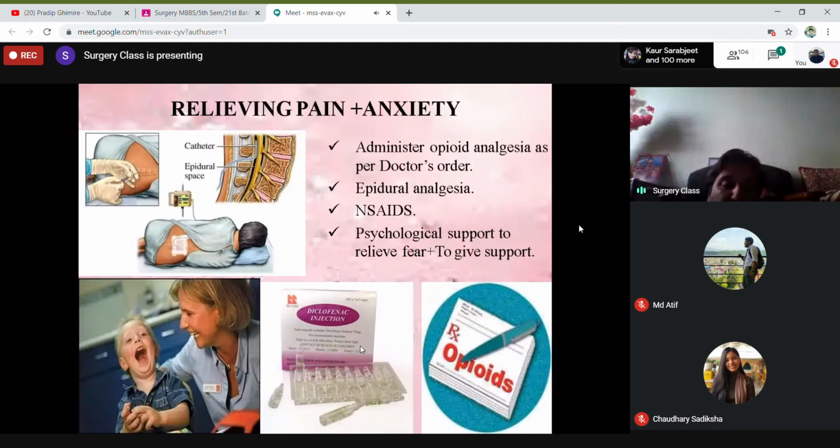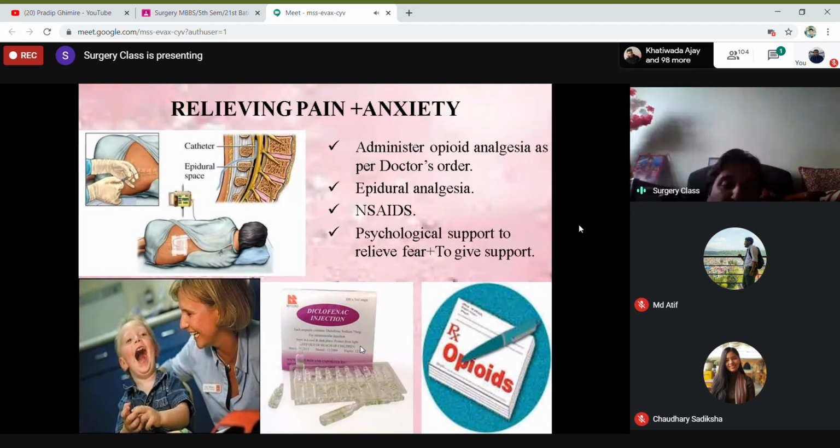So the main thing is relieving pain. Most of the time, if you plan a major elective surgery, we give epidural anesthesia. If you can see in the left upper side, there is an epidural catheter placed in the epidural space, and through that you give a painkiller like morphine, or mix it with bupivacaine, a spinal anesthesia drug.